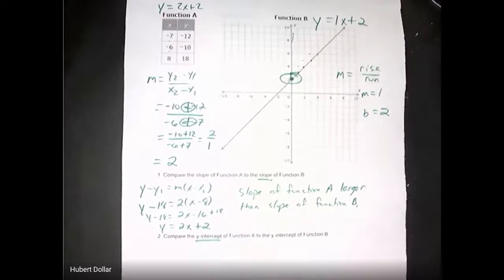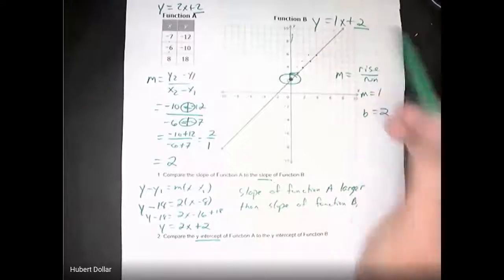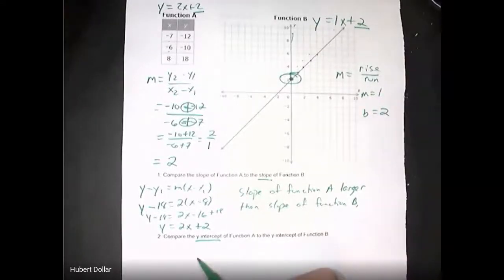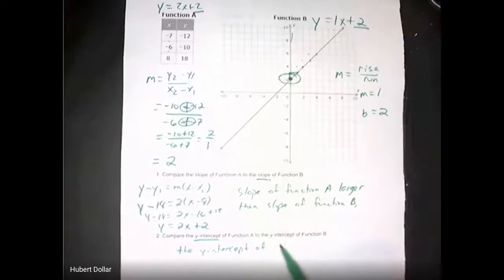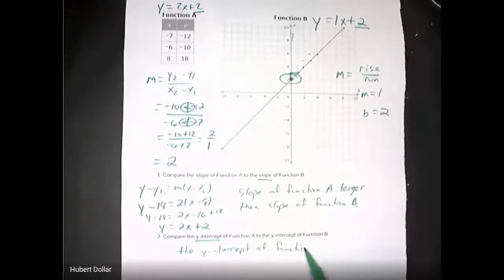We also can compare y-intercepts. Y-intercepts are the numbers behind the x, or the plus b value. Well, it's 2, and it is 2. So the y-intercepts are the same. So we can say the y-intercept of function a equals, is the same, is equivalent to function b.